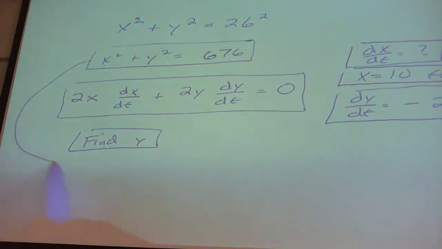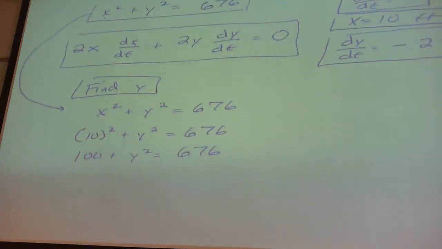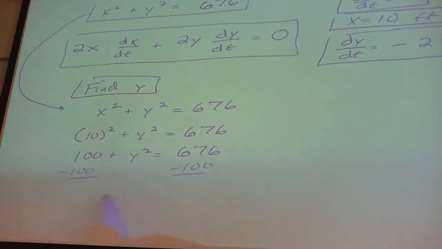So I'm going to take this equation, x squared plus y squared equals 676. How can I find y? I know what x is. x is 10. So I can say 100 plus y squared equals 676. Subtract 100, subtract 100. y squared equals 576.